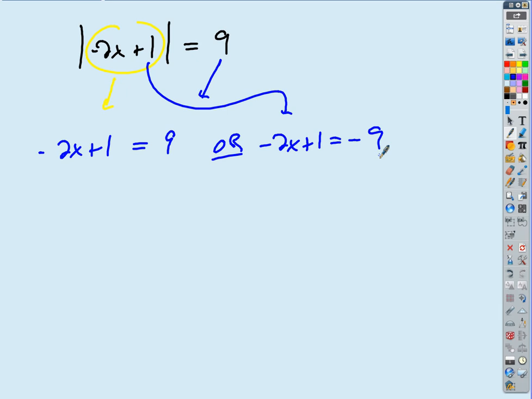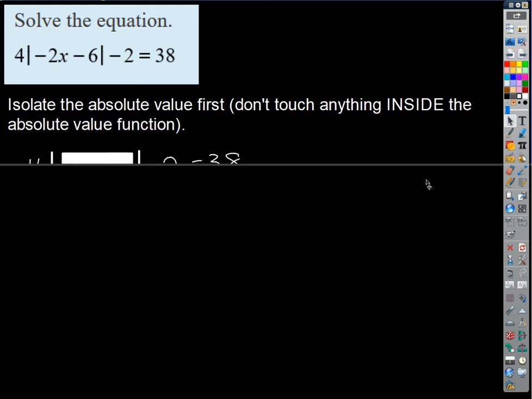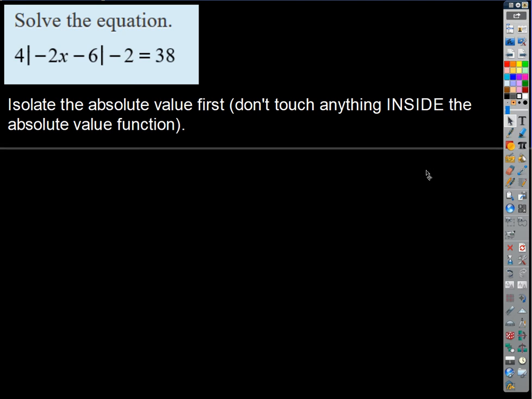Because our rule is, you might recall from yesterday, that we never can touch anything inside the absolute values. We have to isolate the absolute value and then undo it by making the trade for those two simple equations. But we can never do any algebra inside the absolute value. Now, I guess I'm not going to say never, but very seldom. And at this point in the class, assume never.